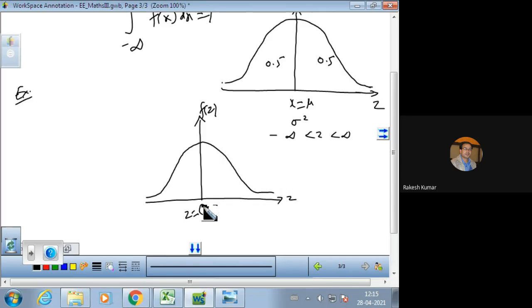Suppose I take the point z as a new point z1. It is given that the area under the curve from 0 to z1 is 0.3621, and this value is less than 0.5.